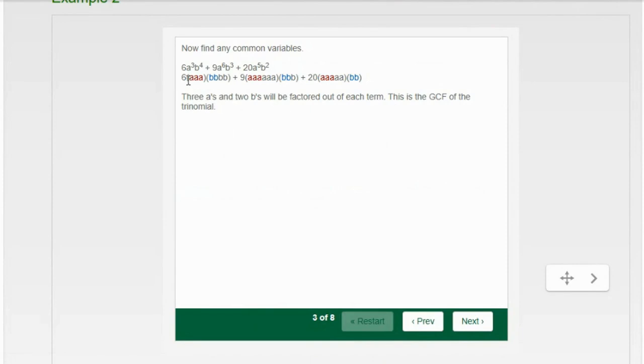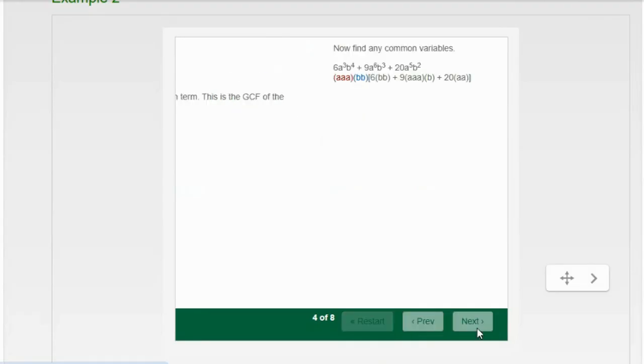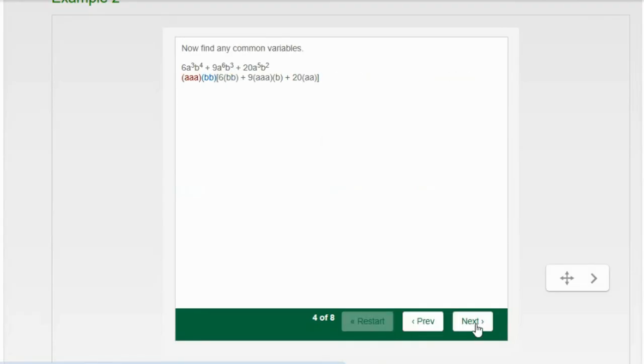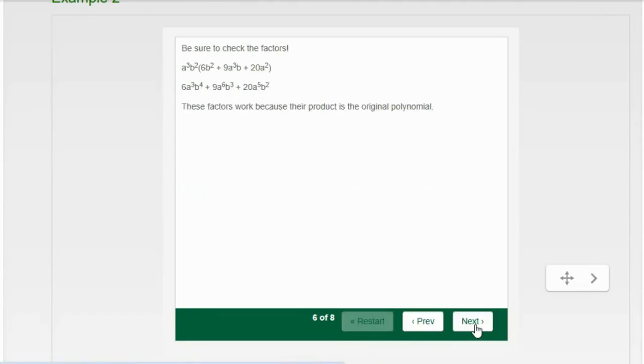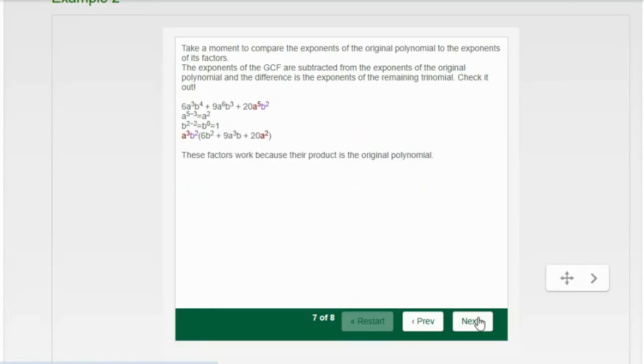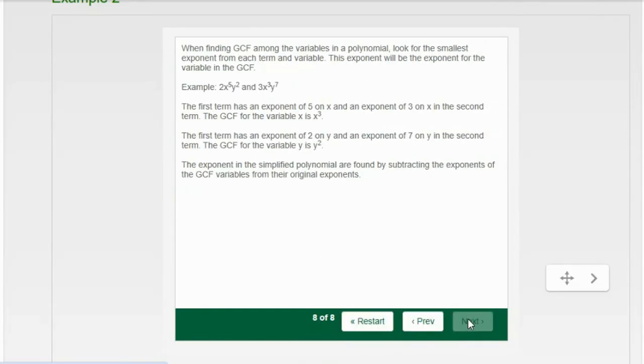So then they broke it down to 3 A's and 4 B's, 6 A's, 3 B's, just like we did, and figured out what they had in common, and then pulled it out to the greatest common factors. Then they multiply it back together to make sure it equals what it started with. When they multiply those back in there, you get what you started with. And so here is the factored version, and they show how you're subtracting to get it, like I was talking about.